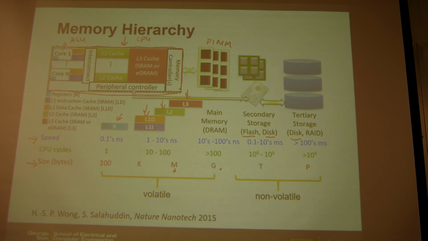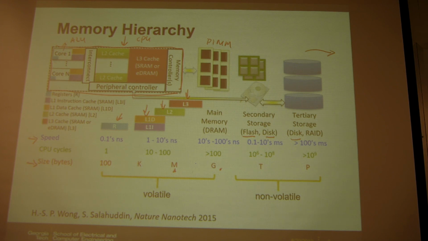And here I didn't list one more technology. Actually, in this memory hierarchy, if you go down to the very far end towards the right, there is one more technology that you may have seen before. Depends on your age, I think.